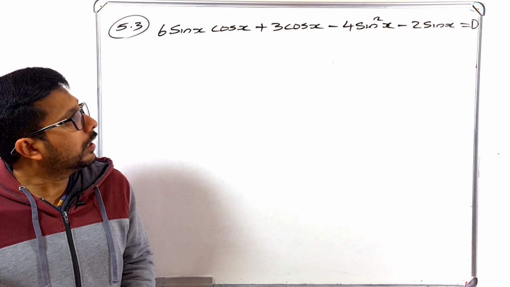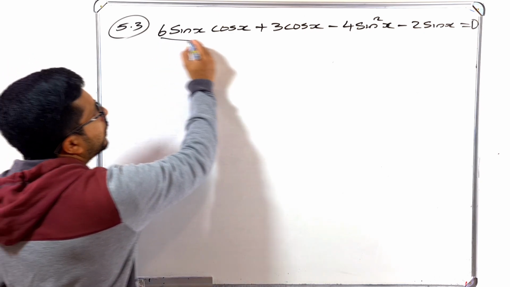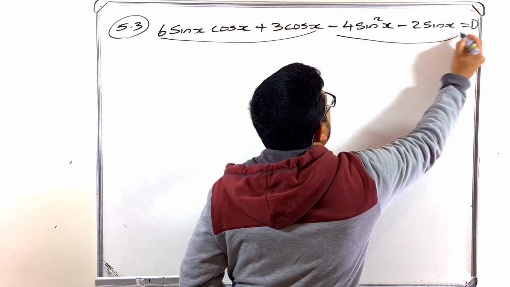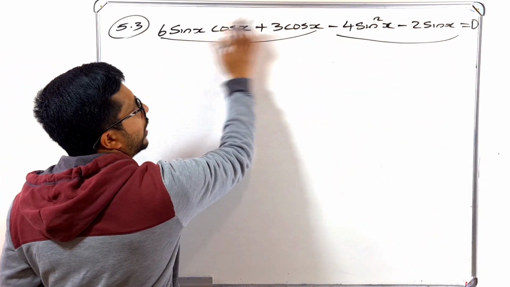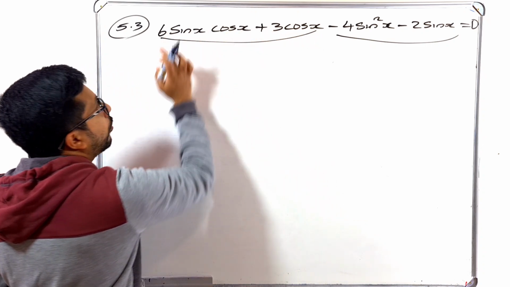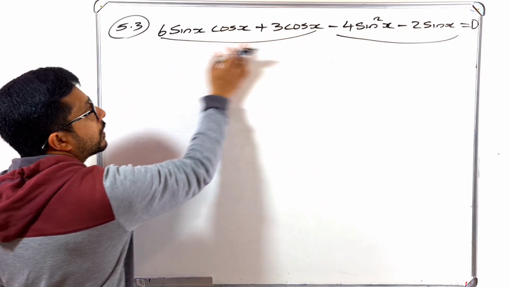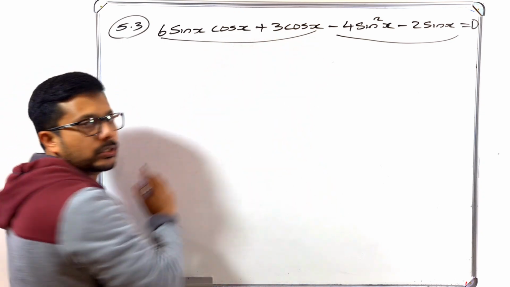Okay, so here what I'm going to do is combine these two terms and these two terms. When you combine the first two terms, you can see cos x is a common factor, and 3 is also a common factor. Here it is 6, here it is 3.